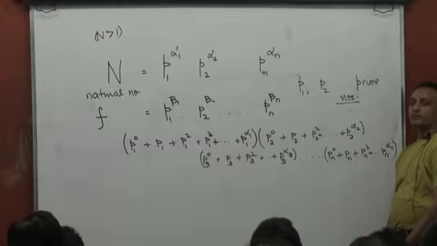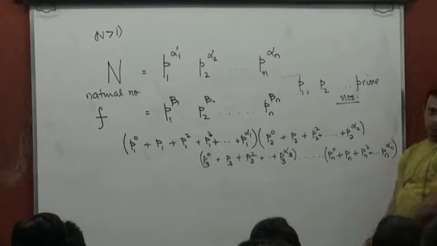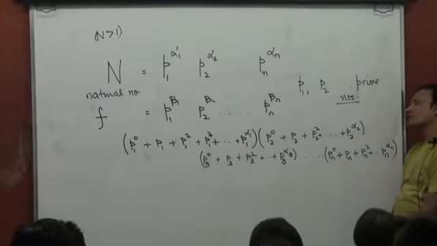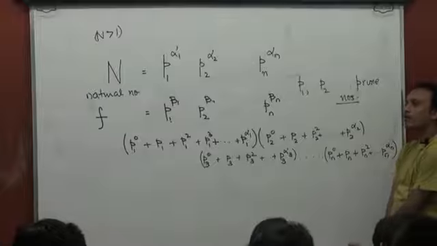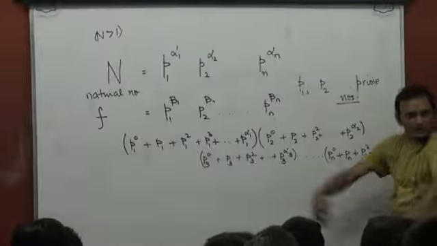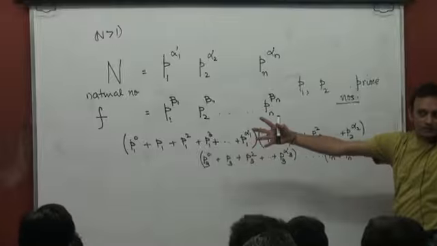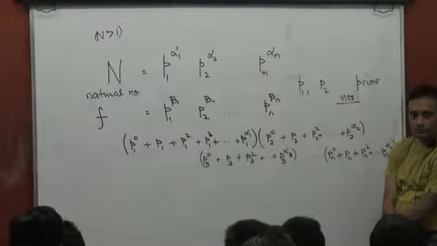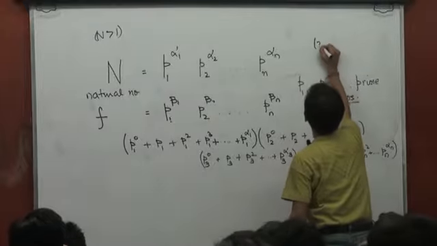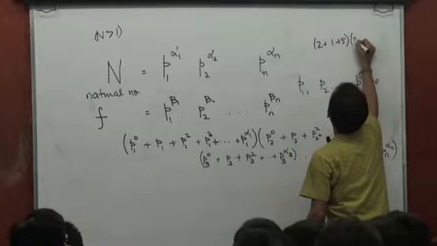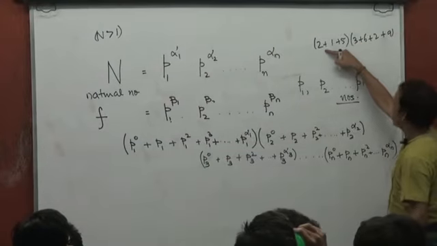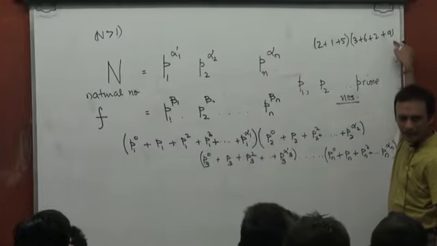Now, if you choose to multiply this out, first of all, how many terms will be produced when you multiply this out? Say if there is something like 2 plus 1 plus 5 into 3 plus 6 plus 2 plus 9, how many terms will be produced? 3 into 4, 12 terms will be produced in this multiplication, isn't it?